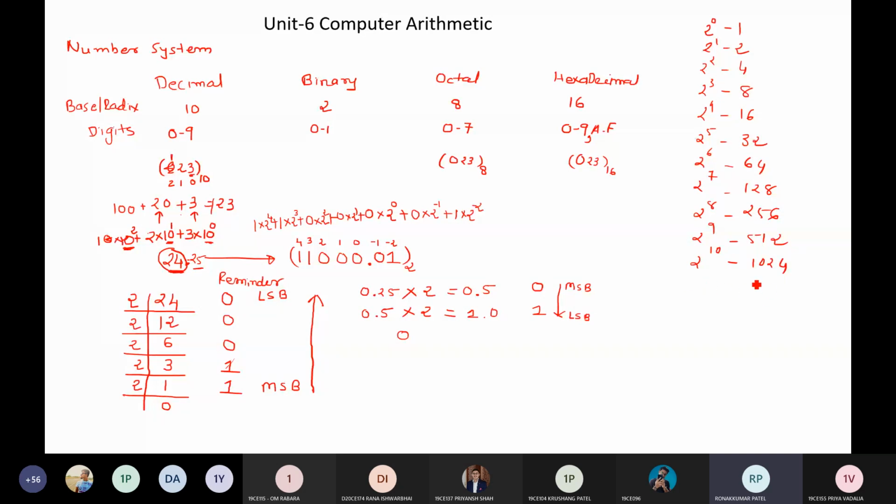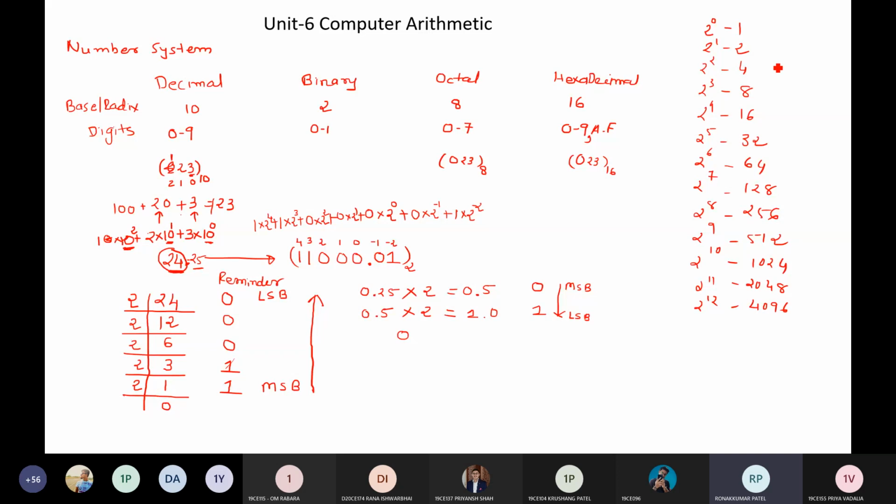Right? Then 2048 and 4096, that is 2 raised to 11 and 2 raised to 12.